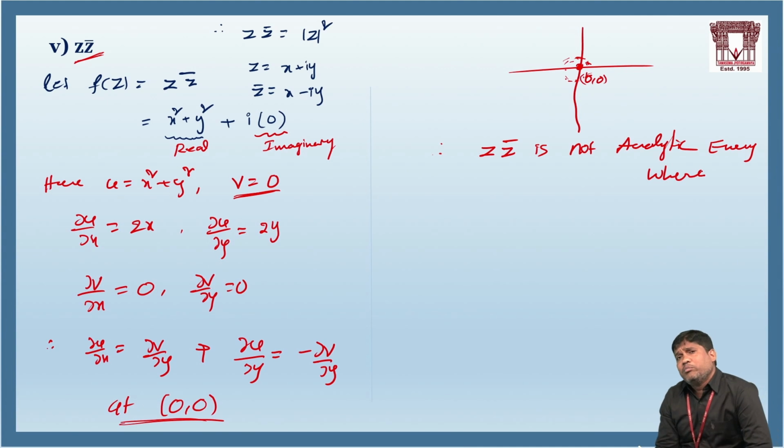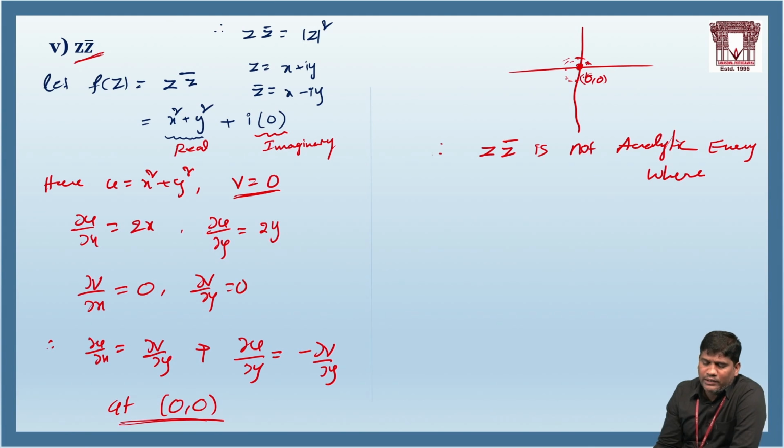Coming to the previous problems, there the real and imaginary parts u and v satisfy the Cauchy-Riemann equations at a particular point as well as around the surrounding points. That's why there we said the functions are analytic, and we proved that the functions are entire functions.